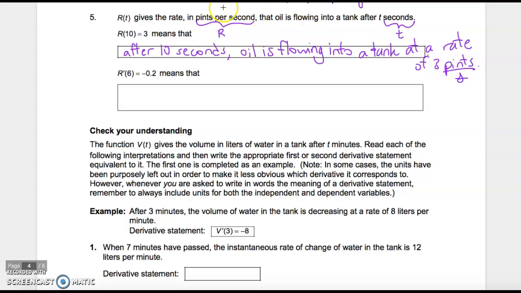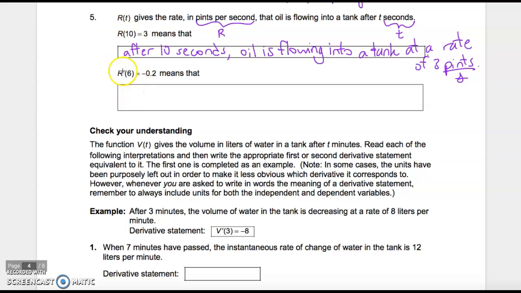This one's weird because the original function they already give us is a rate. So that's why I use the word rate in my original function statement, right? After 10 seconds, oil is flowing into the tank, since that's what R represents, the rate at which oil is flowing into a tank. So oil is flowing into a tank at a rate of 3 pints per second.